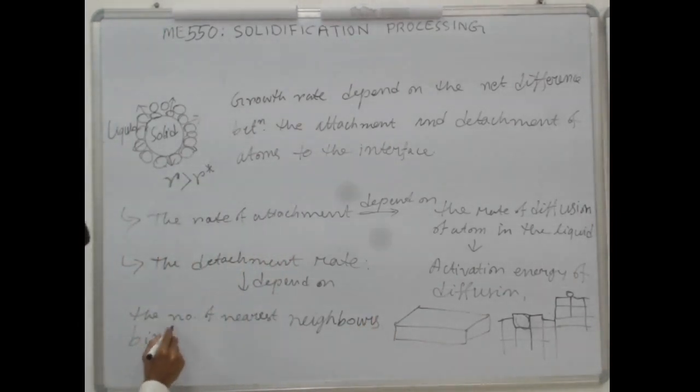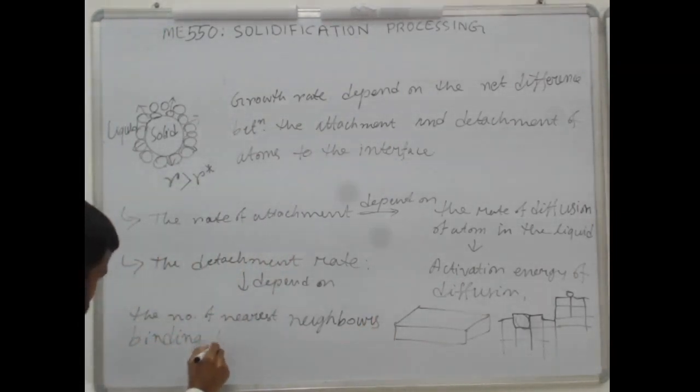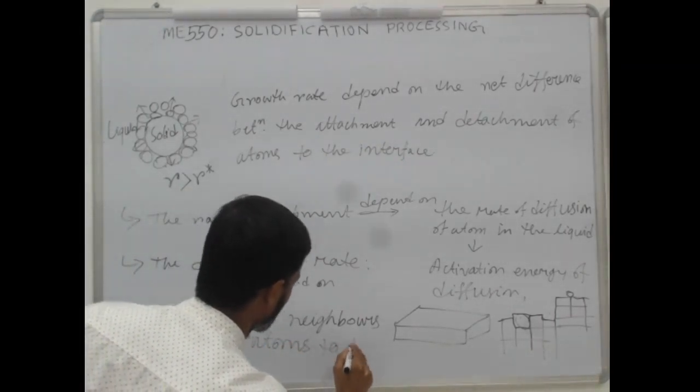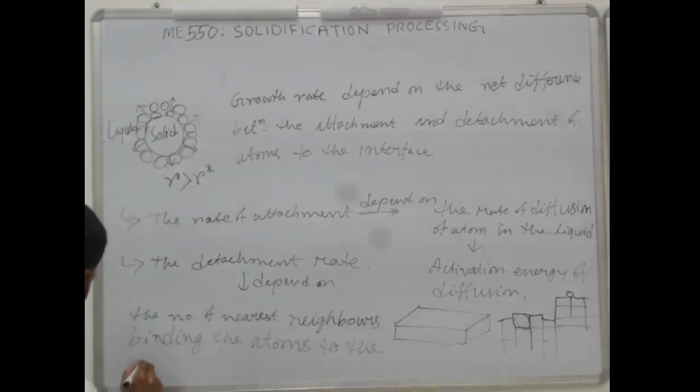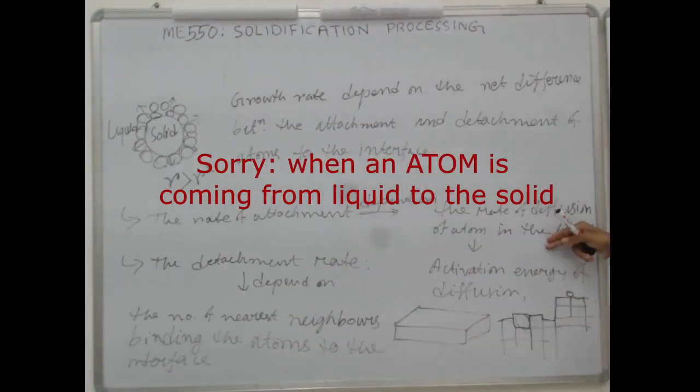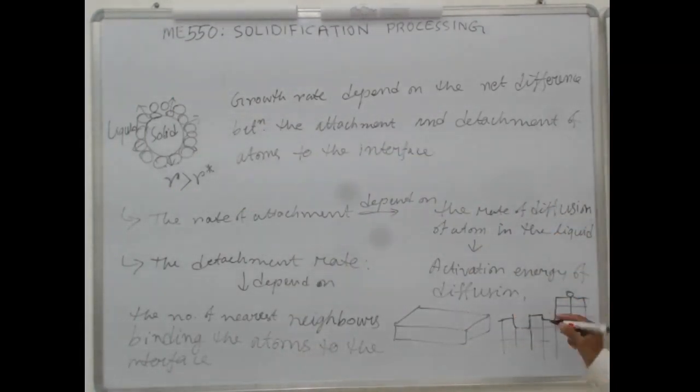Binding the atoms to the interface. So when a liquid is coming, say, liquid to the solid, let us consider this is the crystal structure. This is just for demonstration.